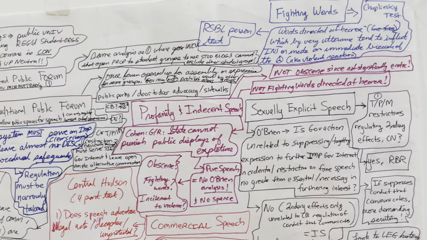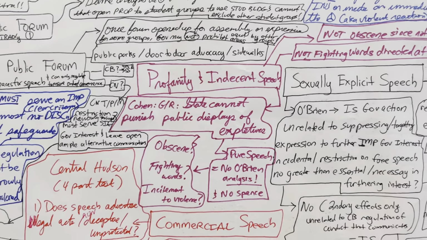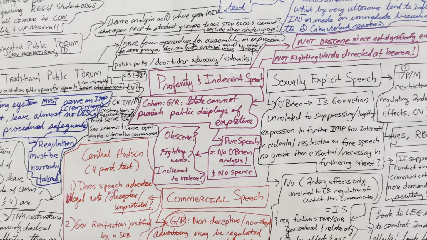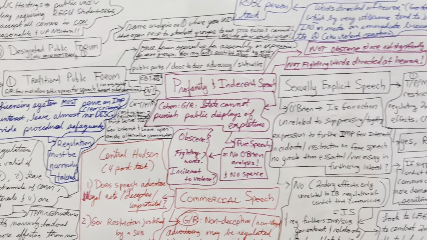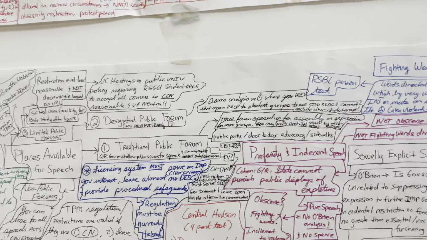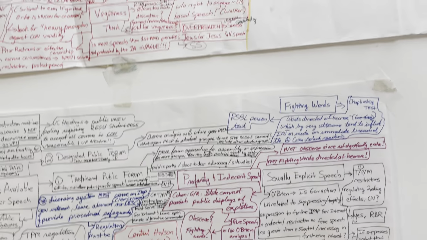So looking to secondary effects only, unrelated to content-based regulation of conduct that communicates, versus secondary effects and not suppression of free speech, such as protecting children as a secondary effect, or other examples that we could possibly think of.